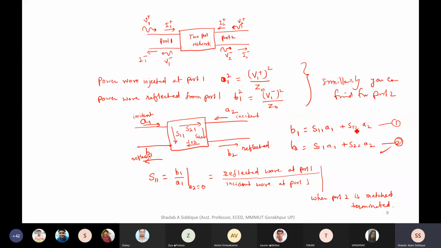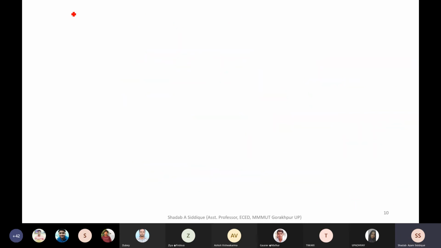Similarly, we can find S12 also. What is the value of S12? At the time of S12, A1 will be 0. So S12 is equal to B1 by A2, B1 upon A2. I'm sorry, it is B1 by A2. That means at that time A1 should be equal to 0, so port 1 should be matched terminated.